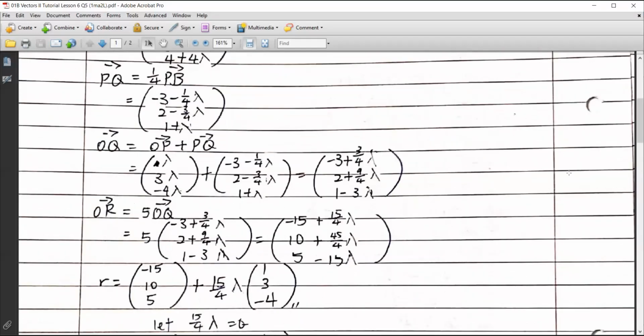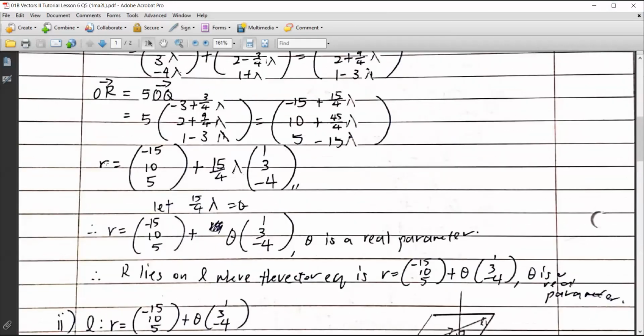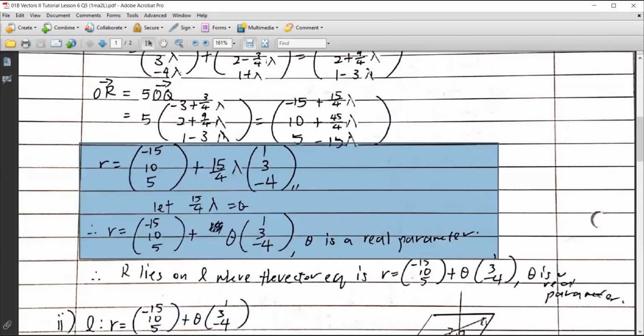Anyway, coming down here. Comments? Nothing to do with theta is a real parameter. There is a perfectly fine alternative to writing theta is a real parameter, and I will accept both ways. But of course, with this way of writing, you spend more time. Okay, I'm just going to be direct here.